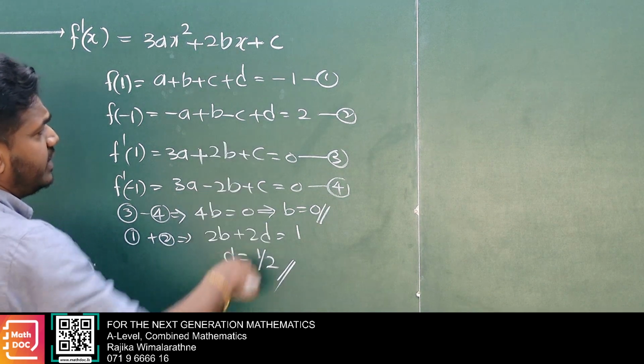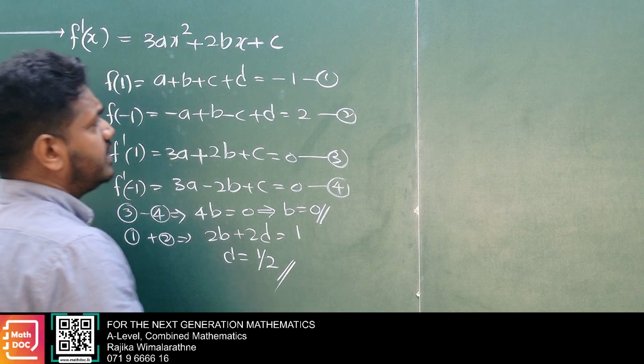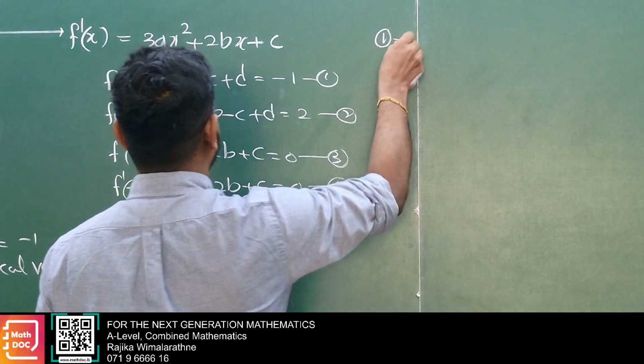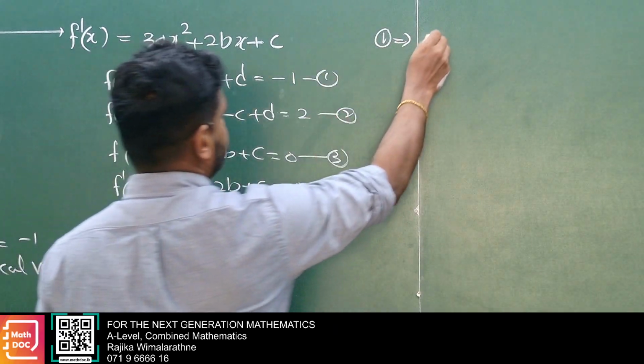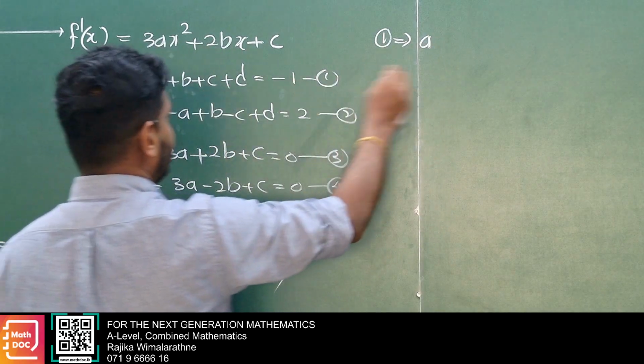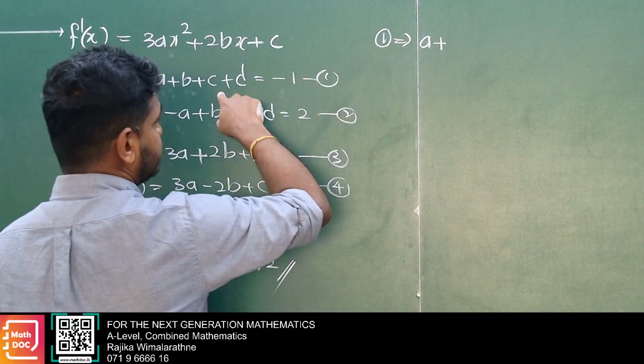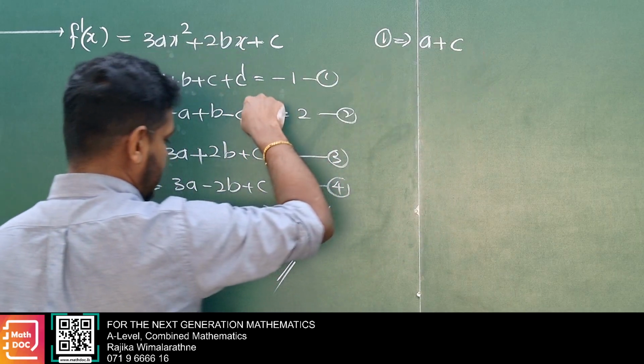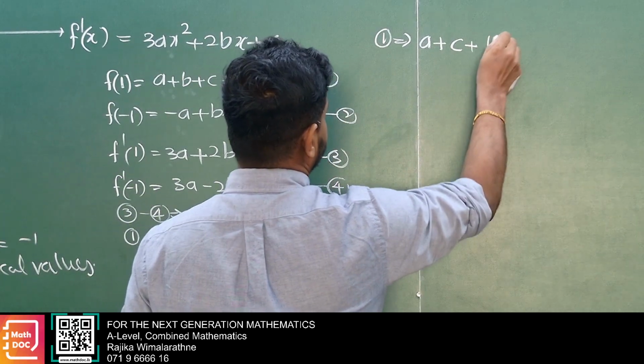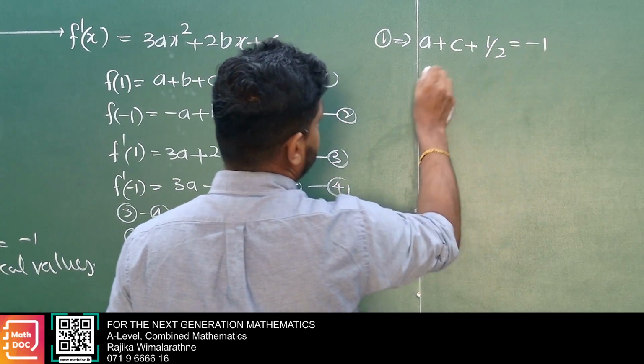Now b and d are known. Take the first one: a value still unknown, b value 0, c value still unknown, and d value half, equal to minus 1.